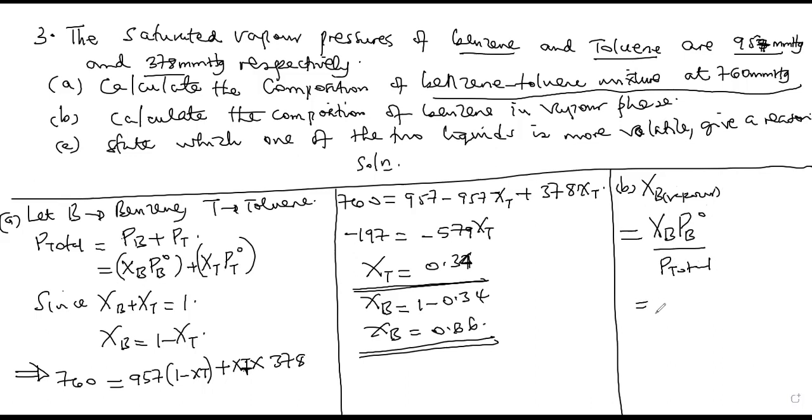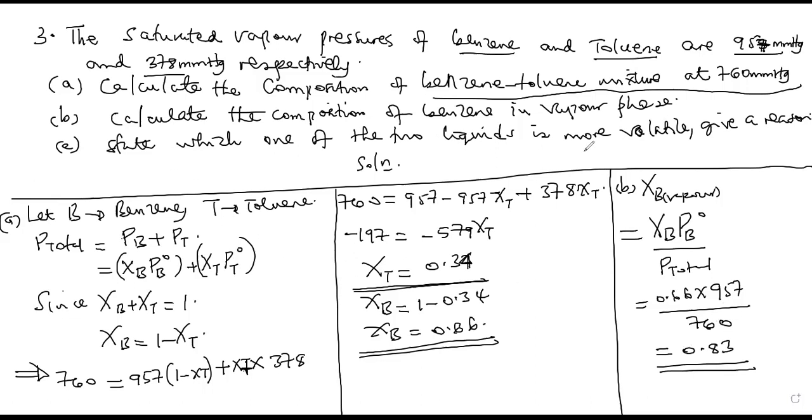Mole fraction of benzene is 0.66 times vapor pressure of benzene in its pure state, that is 957 out of P total, which is 760. And this is going to give you 0.83 in vapor phase.